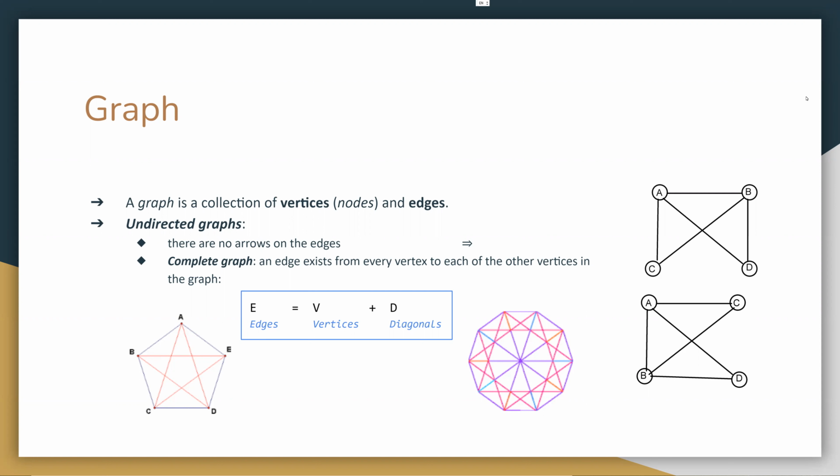So each one of them is a node. And then the lines between them are called edges. The edges connect the nodes. So these kinds of graphs are what we're referring to in the computer science context. When we say graph, that's what we're talking about.